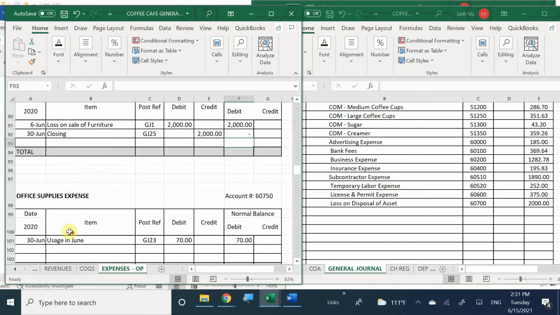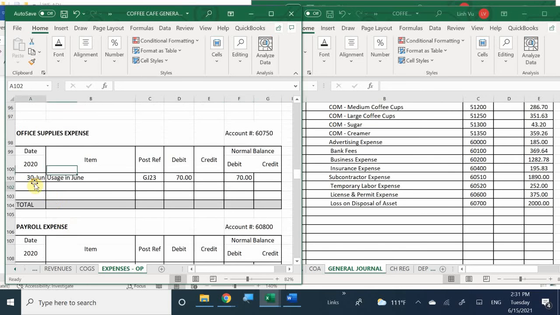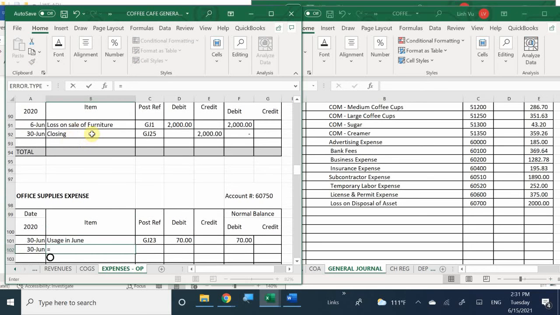Office supplies expense, for a credit of 70.